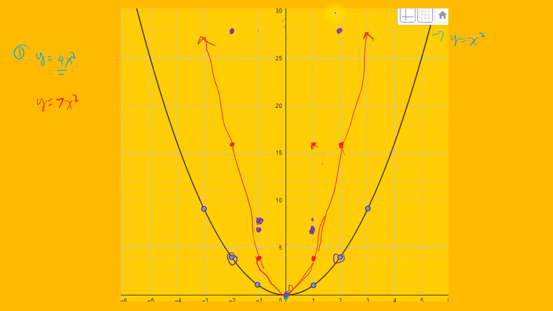Okay, so we have here the effect of the value of h. Again, just to name the functions, this one is y equals x squared. Here we are trying to change the values in y equals a(x minus h) squared plus k.